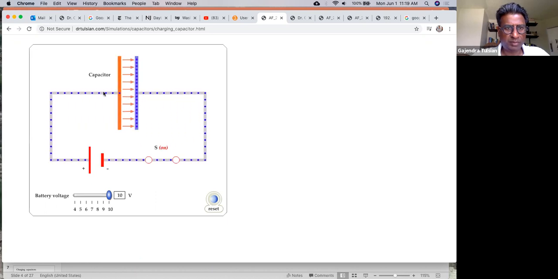These electrons repel these electrons, which get to the positive terminal of the battery. Now this plate is positively charged and this plate is negatively charged, indicated by the electric field lines going from the positive to the negative plate. What has happened is we've taken energy from the battery and stored it in this capacitor.